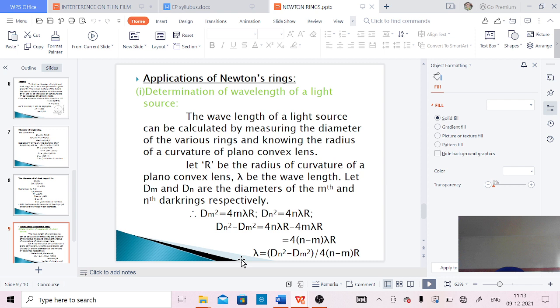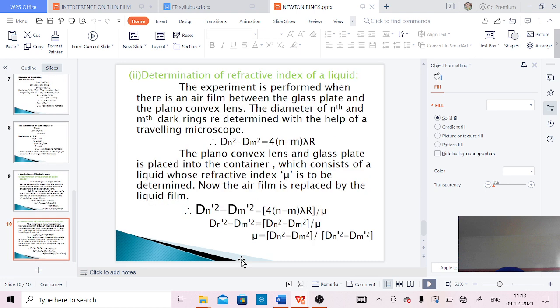Taking the dark ring condition, dn square minus dm square equals 4n lambda r minus 4m lambda r. From that equation we get lambda equals dn square minus dm square divided by 4 into (n minus m) into r.